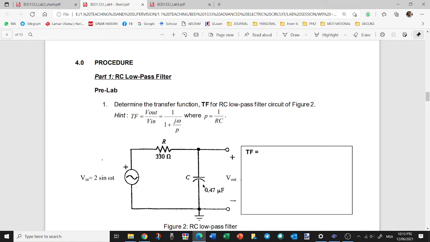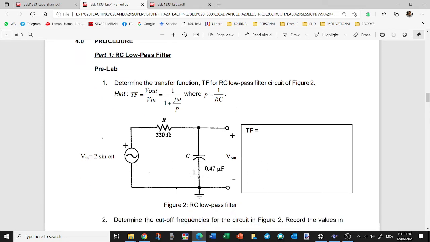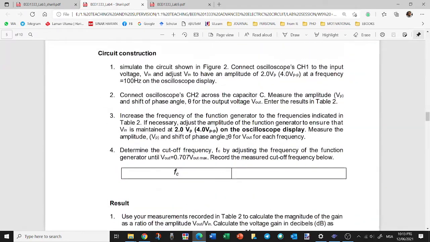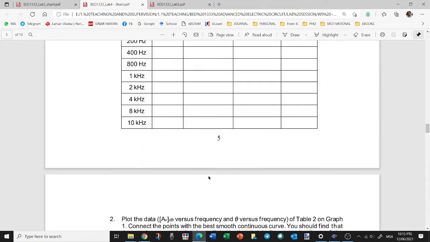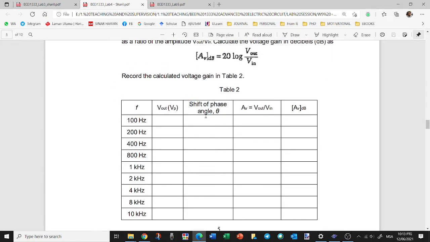Kamu kena ada 2 signal lah, maksudnya oscilloscope akan dapat 2 graph. Alright, bila dah dapat 2 graph, kamu boleh kira dia punya shift of phase angle lah. Okay, saya dah ada share juga dekat dalam WhatsApp group, a YouTube video how to calculate the phase shift.